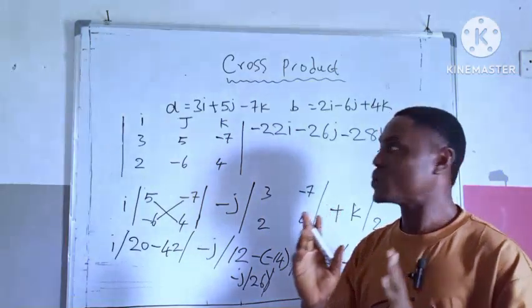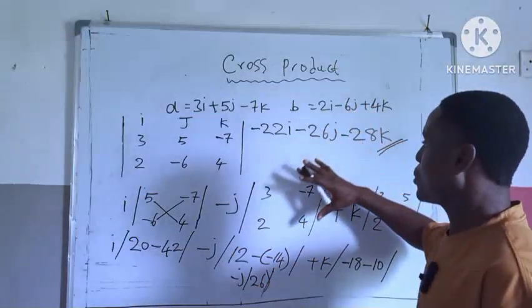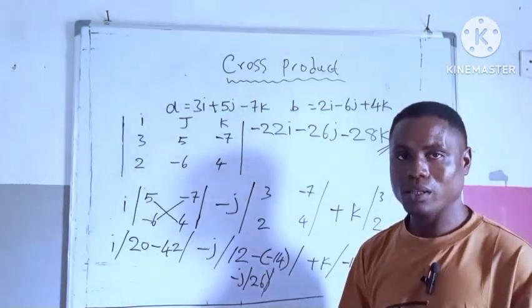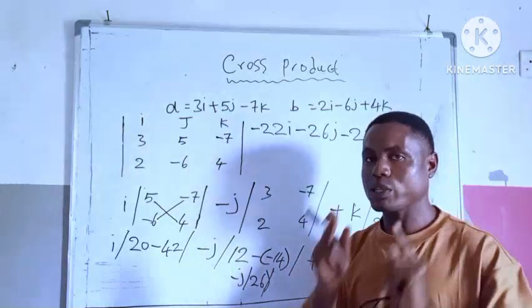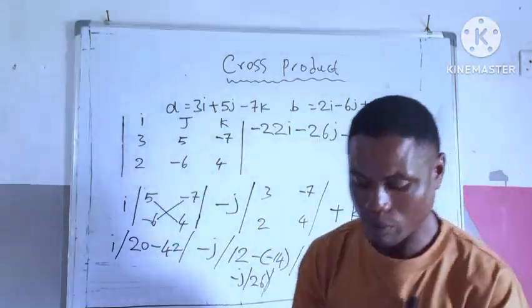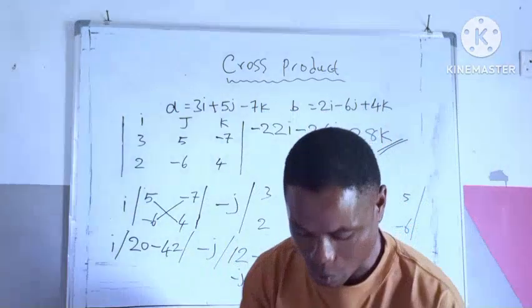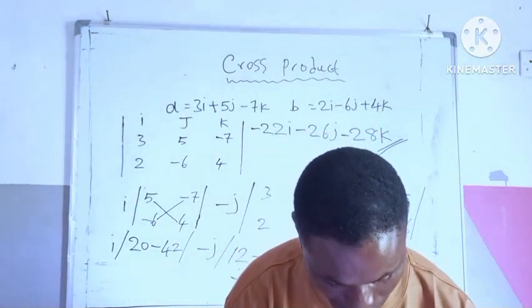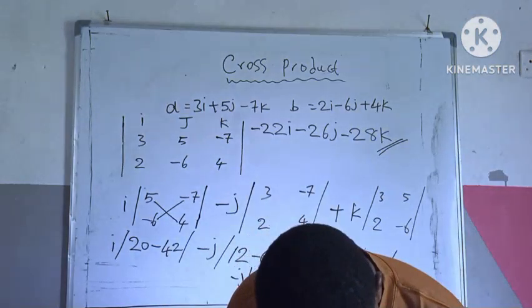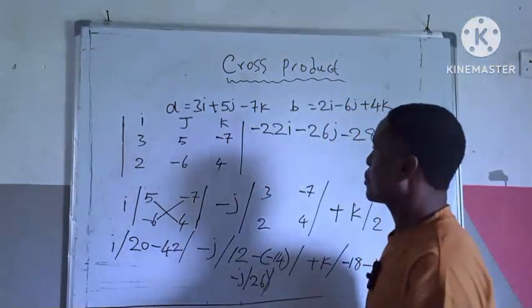So what I want you to do is try to rewatch the video, okay? Let me give you one to solve so that you will solve and drop the answer in the comment section.